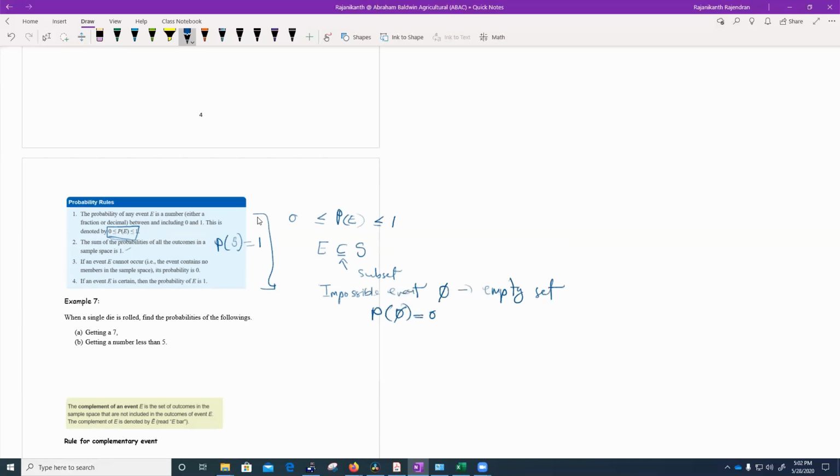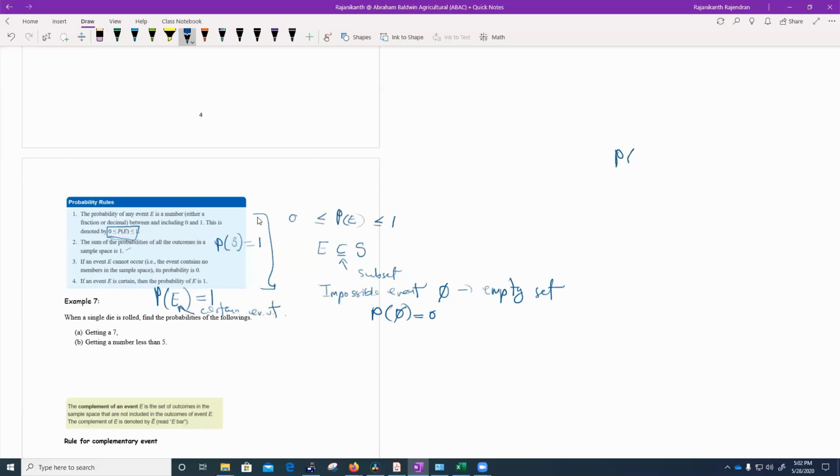If an event E is for certain, for sure, 100% sure that the event is going to happen, that kind of event has a probability of maximum 1. So the probability of any certain event is always 1. So let me summarize here.